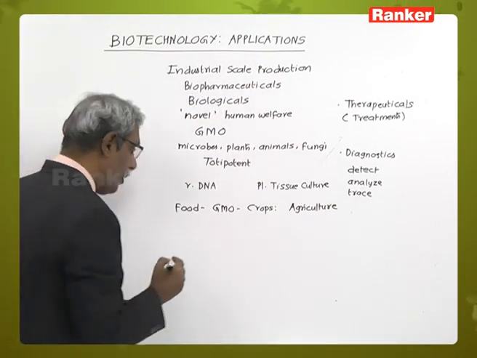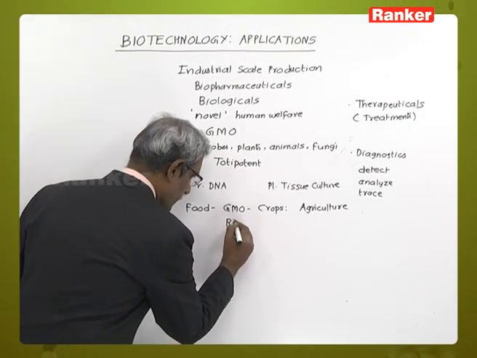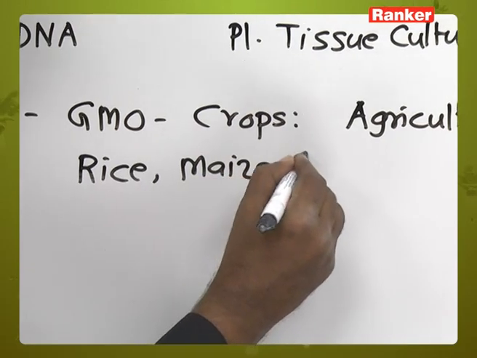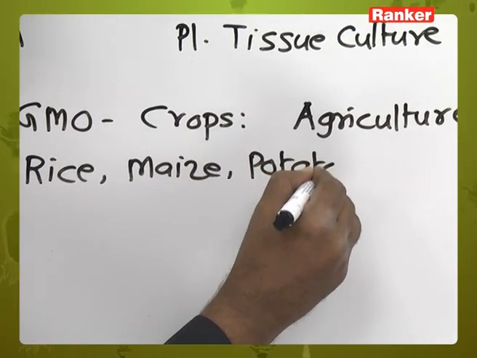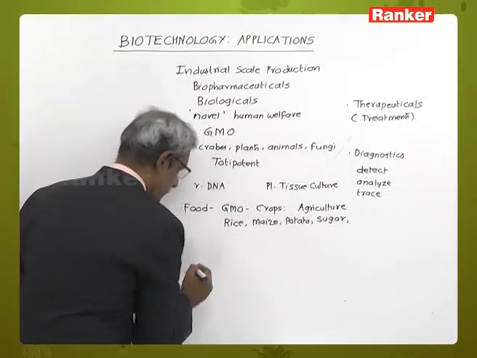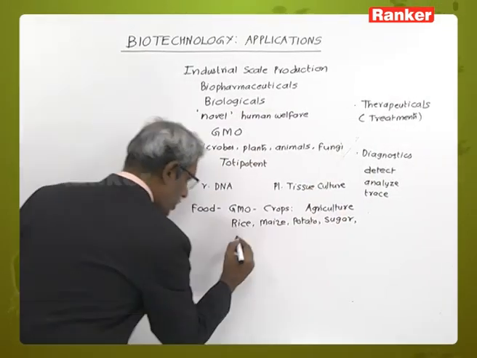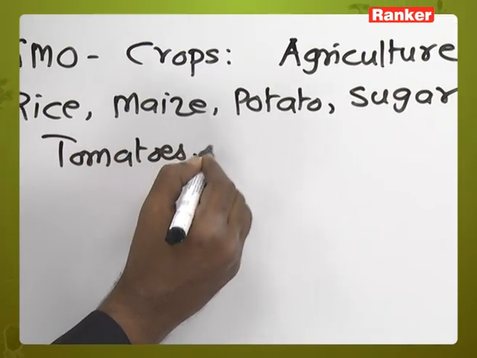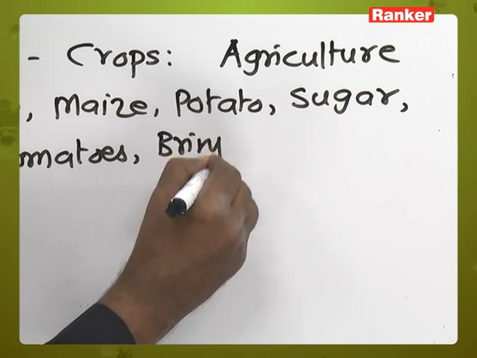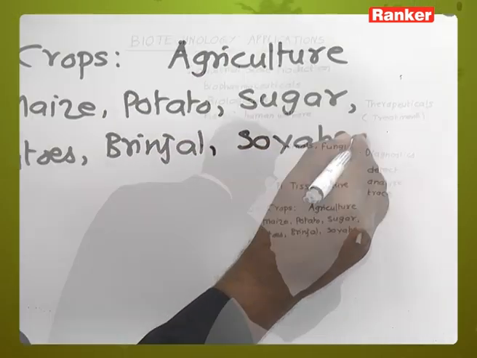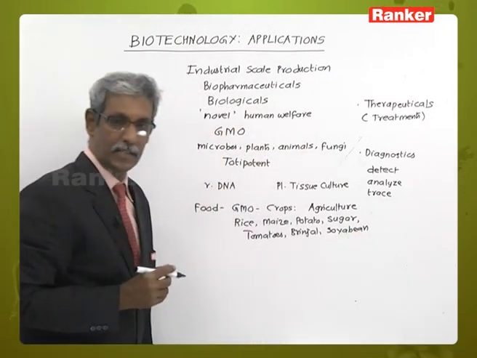We have genetically modified rice, maize, potato, sugar, and again we have genetically modified tomatoes, brinjal, soya bean, and the list goes on endlessly.